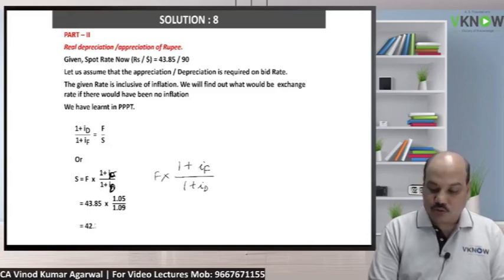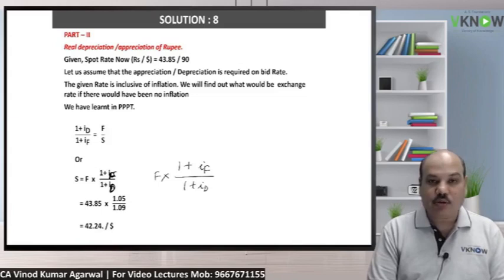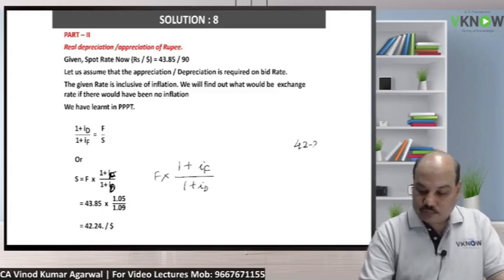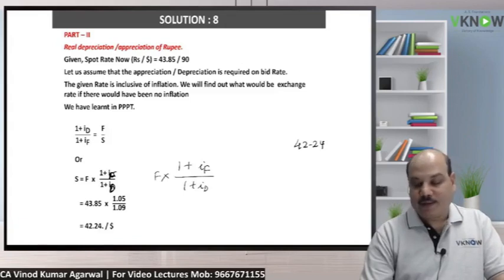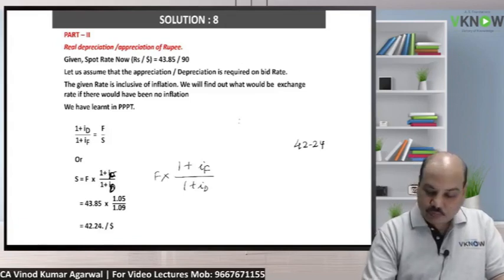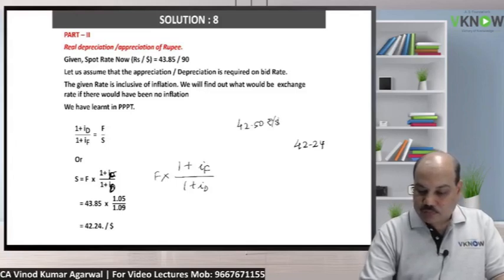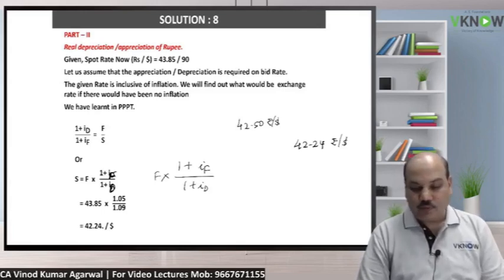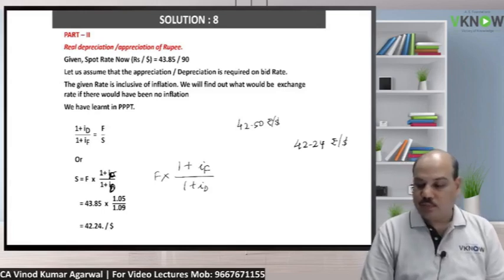After solving this, we are getting 42.24. The exchange rate at the beginning was 42.50 rupees per dollar, and in the absence of inflation it is 42.24.